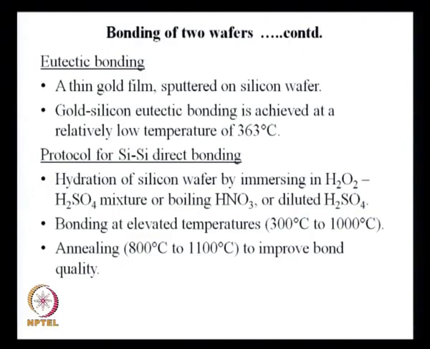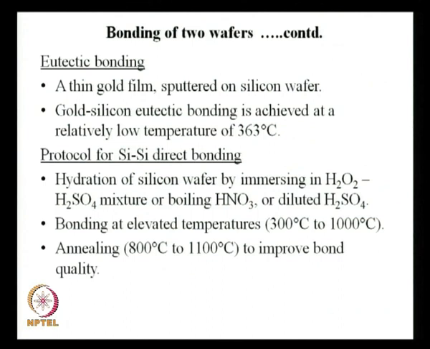Now, you remember when we talked about anodic bonding with glass and silicon, even there the temperature was 400 degrees centigrade. If somebody wants to make a silicon direct bonding, the temperature should be around 1000 degrees centigrade. So these temperature levels are pretty high.